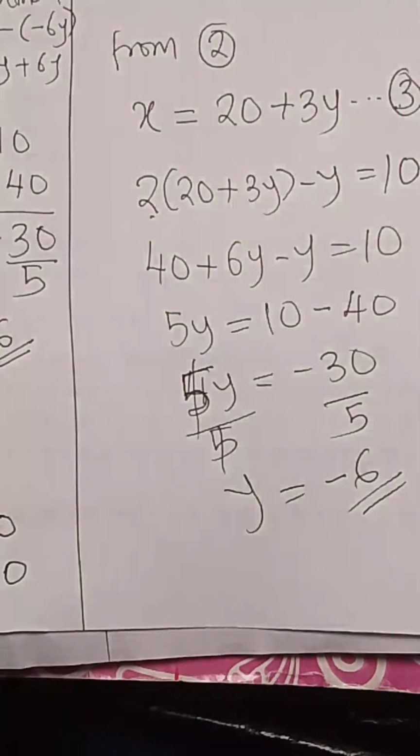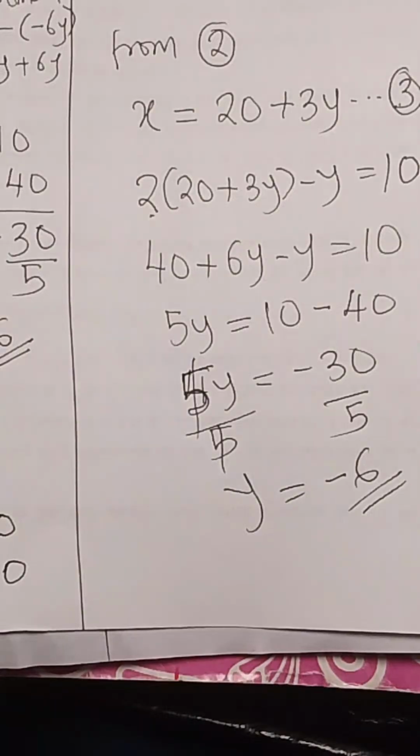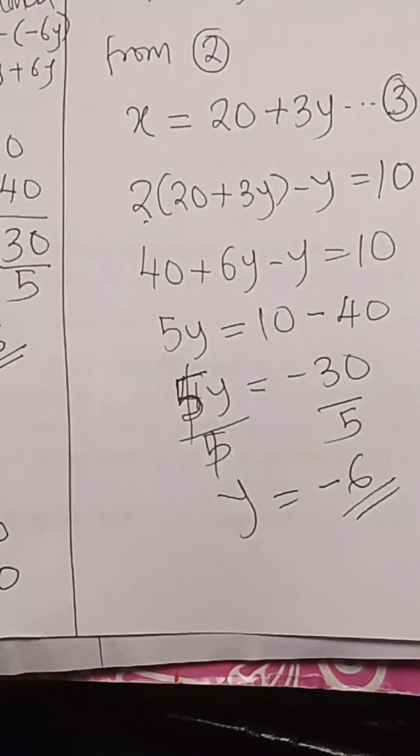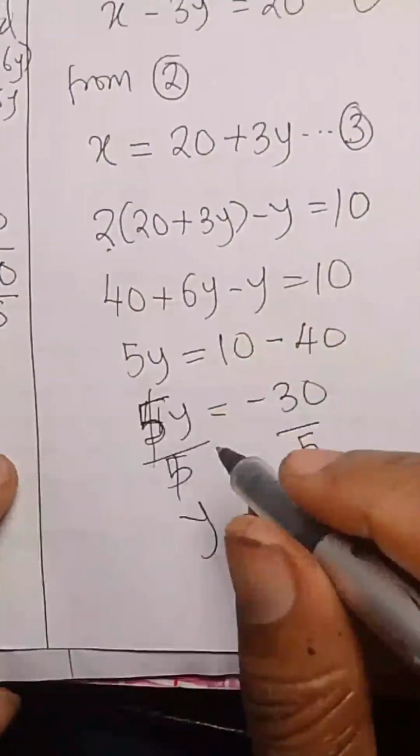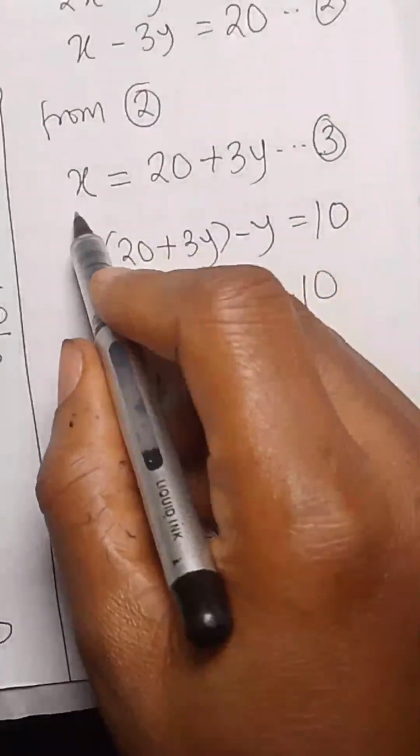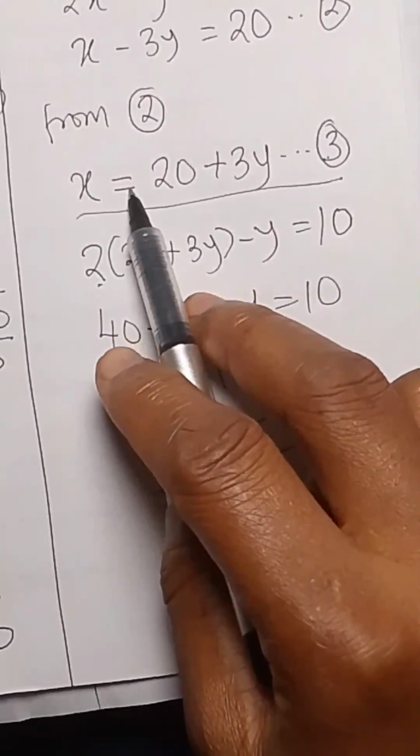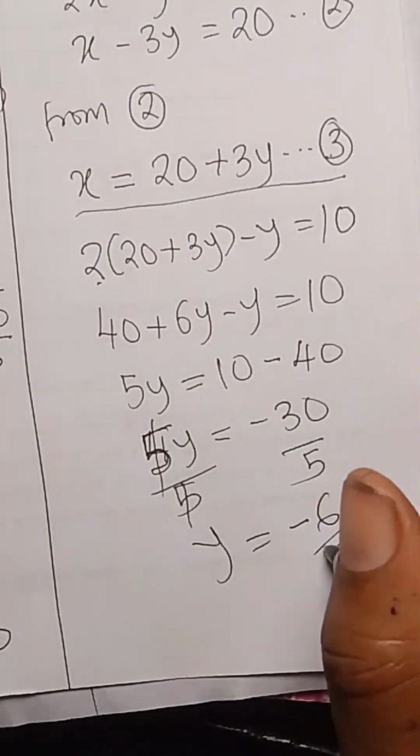So we're still going to solve for our x by picking our y equals minus 6 and substituting it into our equation 3. So this is our equation 3. Remember our y is minus 6. Then we can solve for our x.